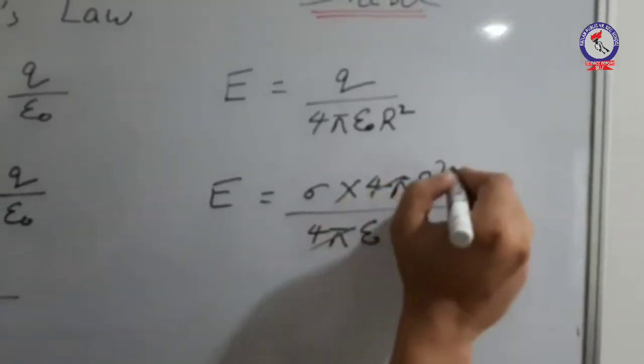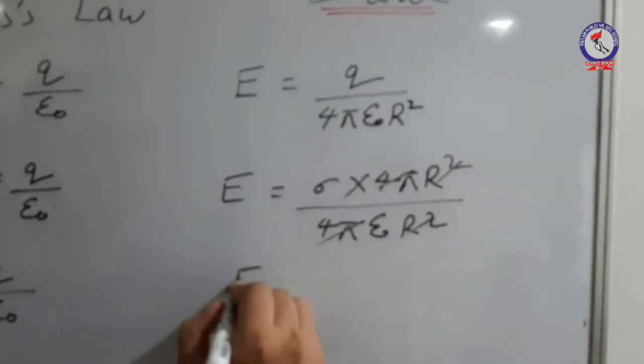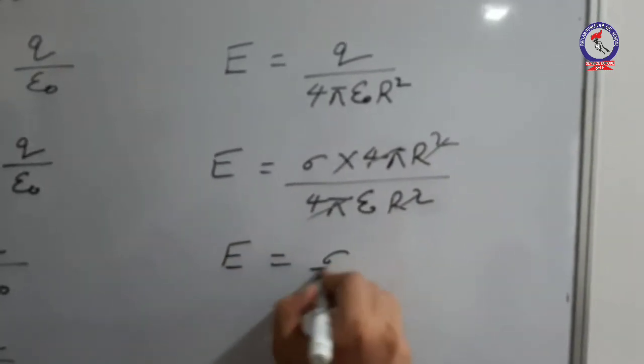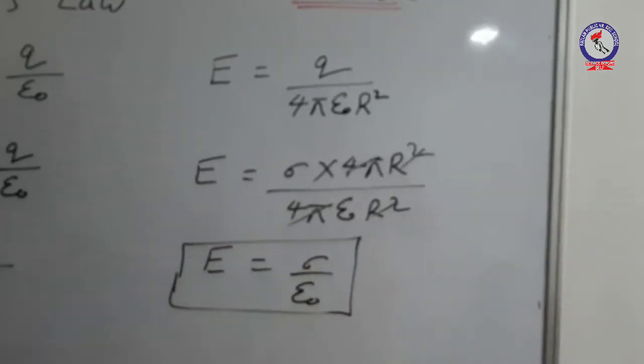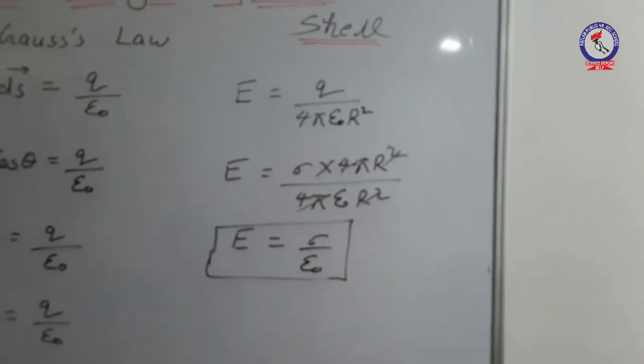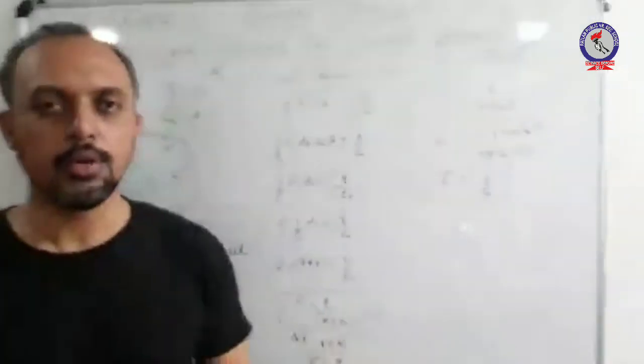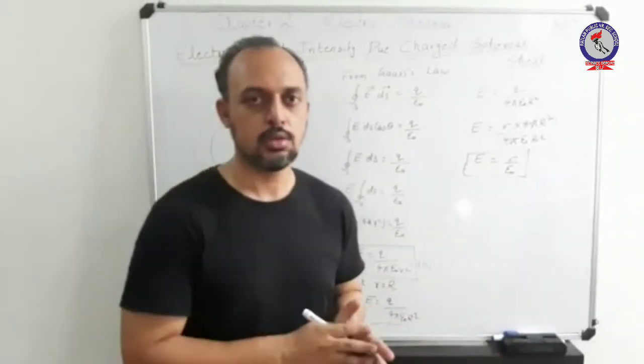Cancelling 4 pi r square, we have E equals sigma upon epsilon 0. Hence the magnitude of field at any point is independent of radius, as we have just studied.